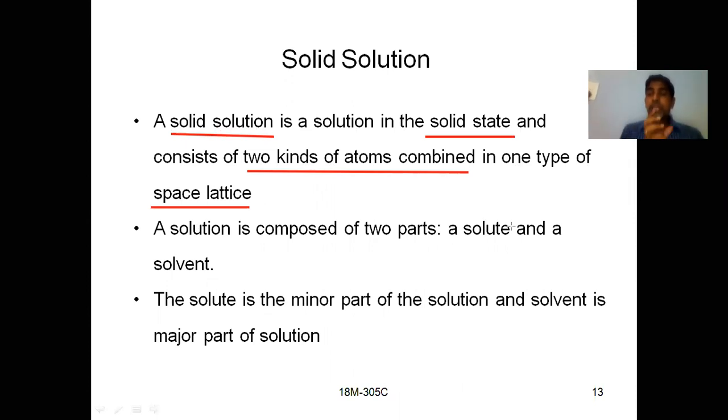For example, if you consider A and B, B atoms are soluble in A, and they are in the solid state, then we can say that it is a solid solution. That means the state of the solution is solid.